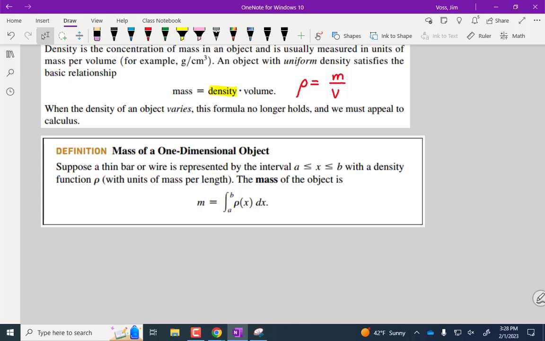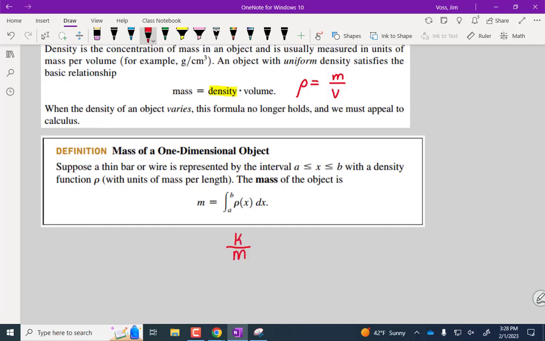From dimensional analysis, what does one-dimensional density mean? Mass per unit length. So this is going to be mass, let's use a kilogram.